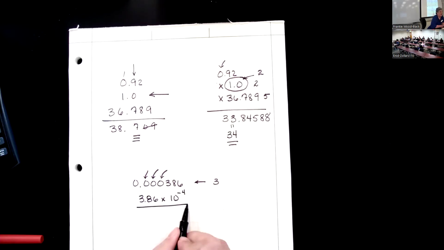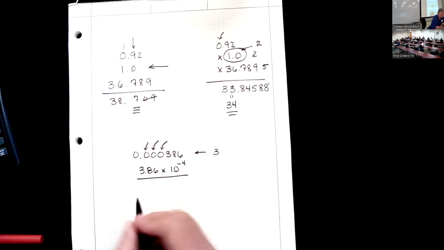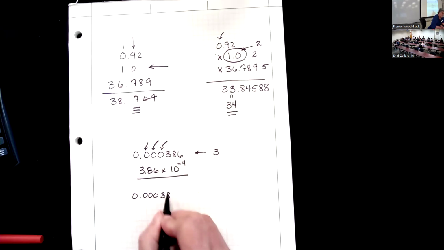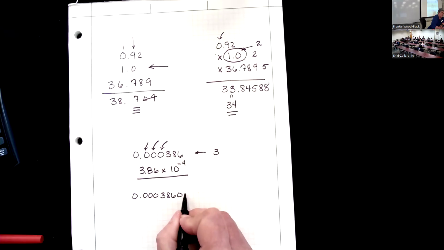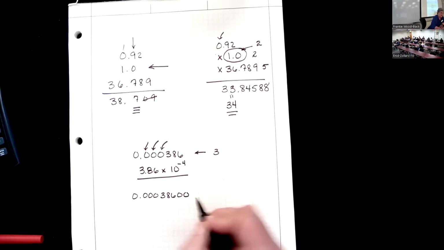And that tells me exactly how many significant figures I have. Now, if I were to write that same number as 0.00038600, this one has 5, because both of those zeros are significant.